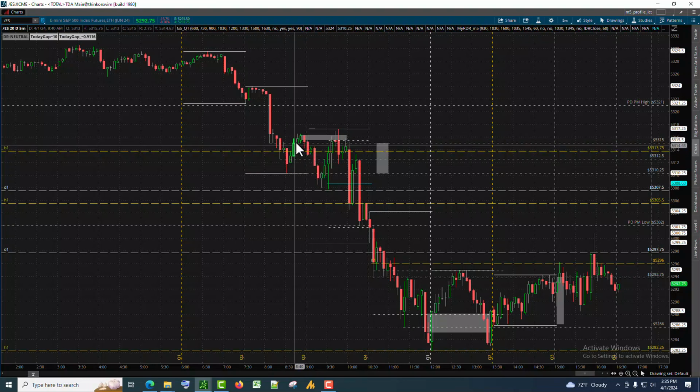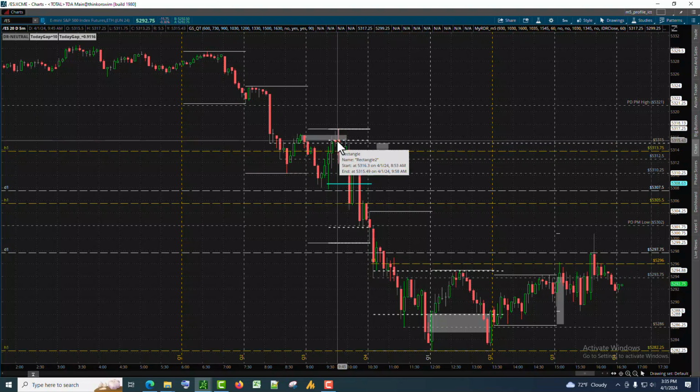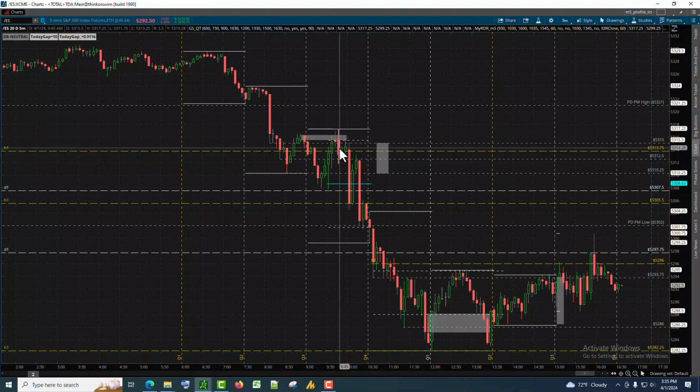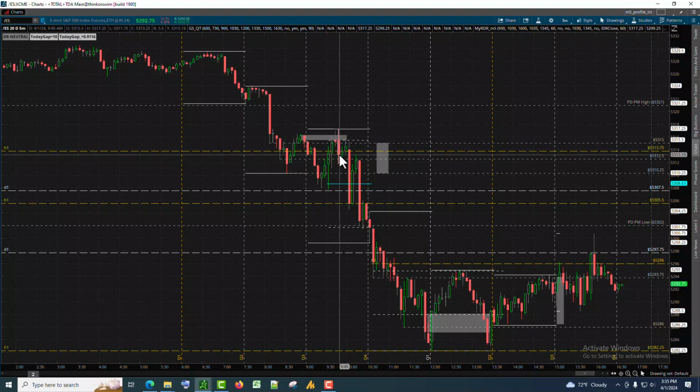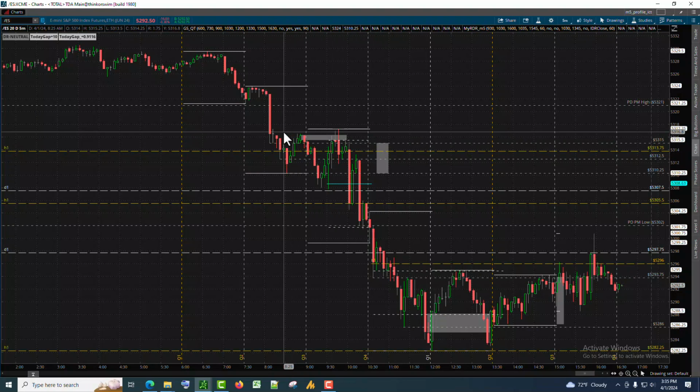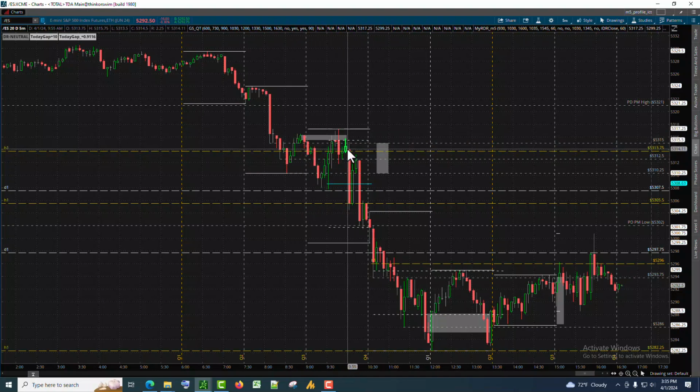So we have a gap up and a gap down. Basically this is a retest of that, and you see that it also creates a gap right here. So we have a gap up here, a gap down here, and also a retest. It kind of intertwines and overlaps right here.